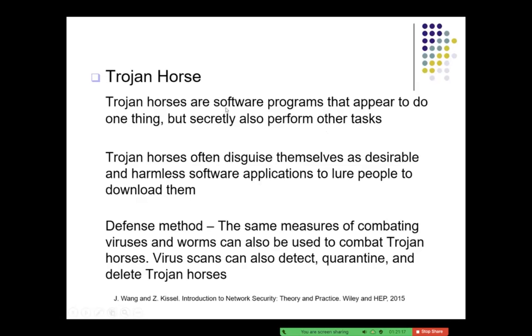A Trojan horse often disguises itself as some desirable and harmless application to lure people to download it. But once you download it and execute that program, the malicious code will be executed as well.